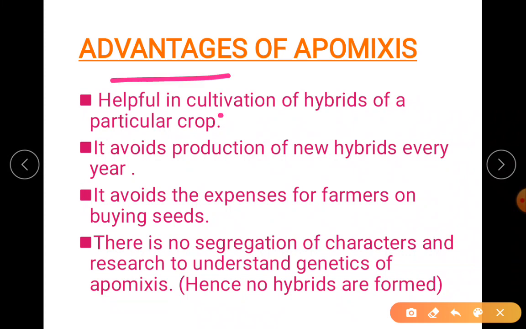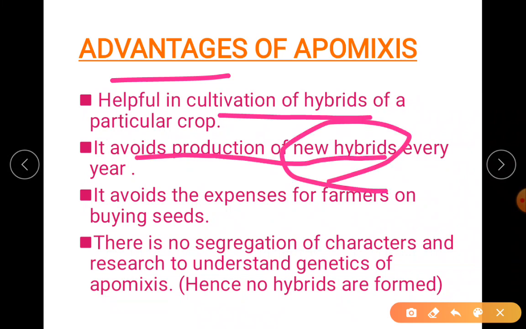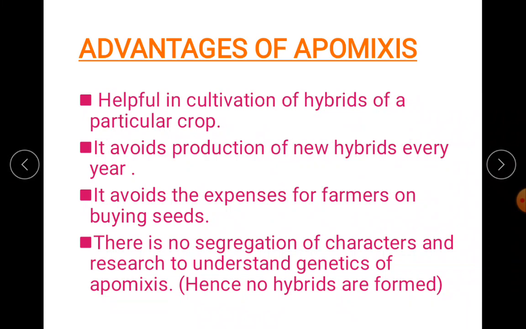It is helpful in the cultivation of hybrids of a particular crop. Imagine you have maize. When you want to grow the maize, you are able to easily cultivate it. Then, it avoids the production of new hybrids. New hybrids are not formed. This helps us keep the same quality.